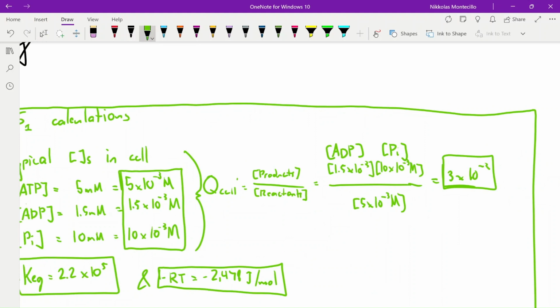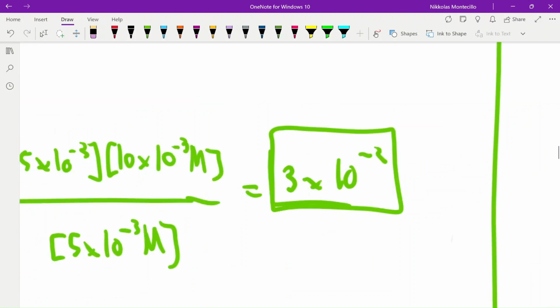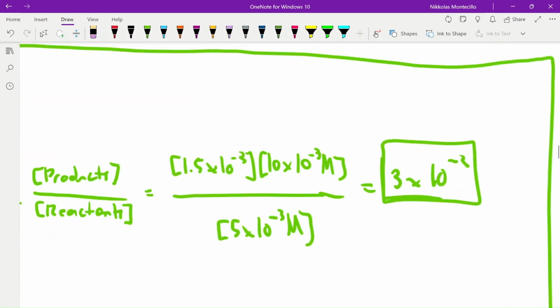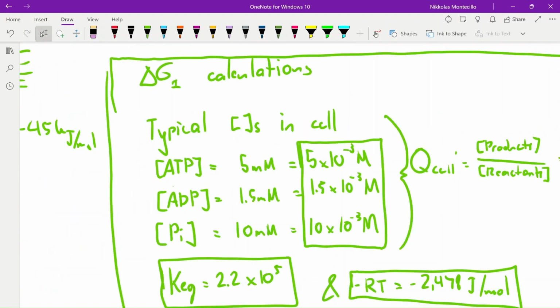So these are the products, and then this is the concentration of ATP, which is just the reactant. Okay. And then by plugging these values in, we get a value that is equivalent to 3 times 10 to the negative 2. So that's the reaction quotient. We see here that the equilibrium constant is 2.2 times 10 to the 5.